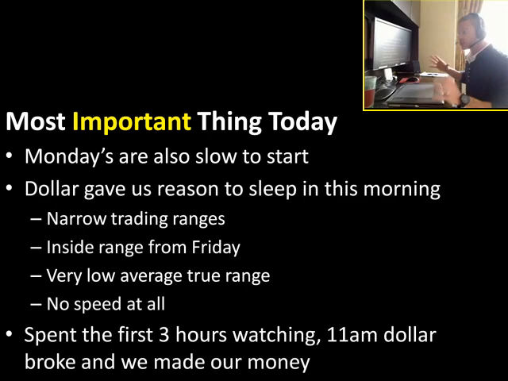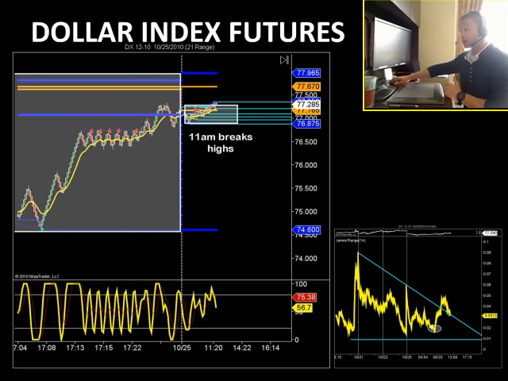Whenever we see those big swings, you're always going to see some consolidation, some sideways ranges. That's pretty much what happened. We had narrow trading ranges. We were inside the range from yesterday, had a very low average true range. We're always looking at that ATR, and very little speed. So we spent most of the morning just waiting to see what the dollar was going to do, waiting for those highs and lows to be broken. We spent about 3 hours waiting for it. After 11 o'clock, it finally broke, and that's where we got the party started this morning.